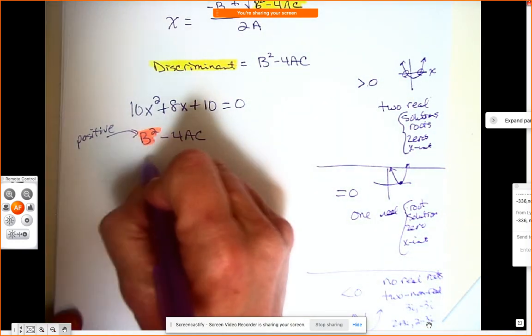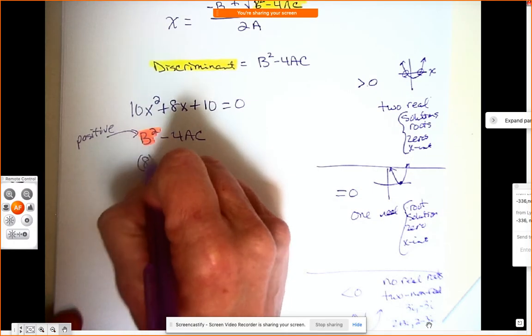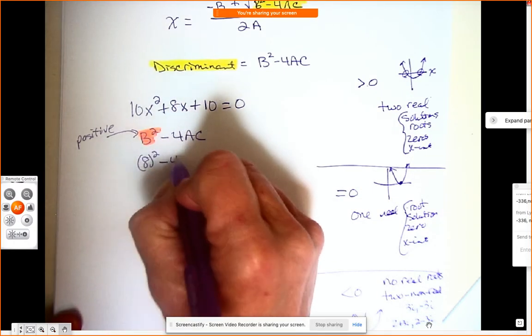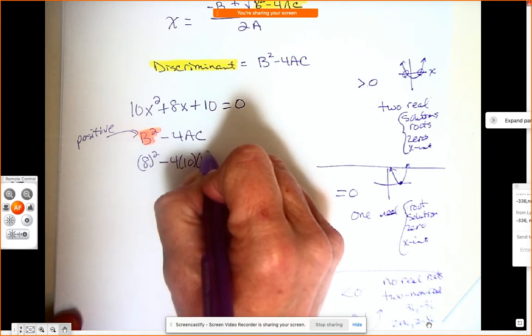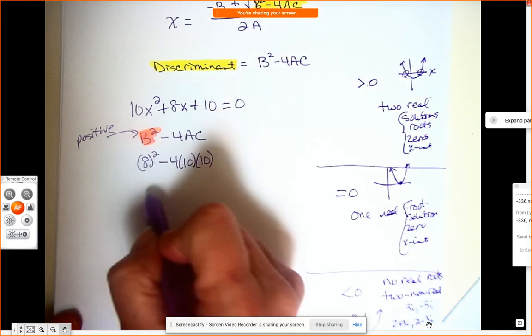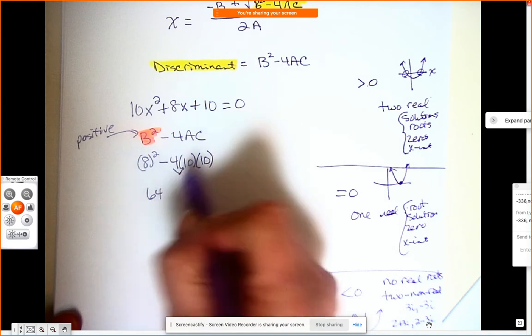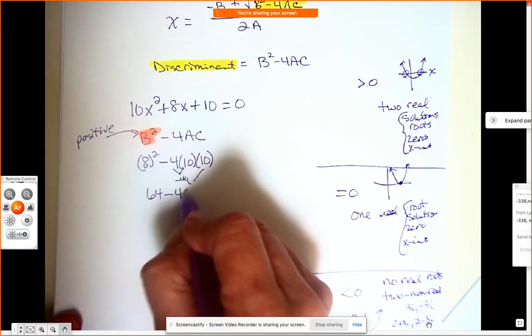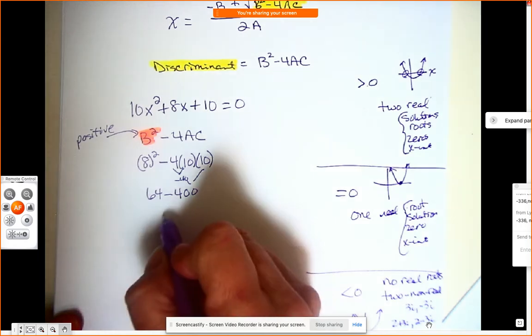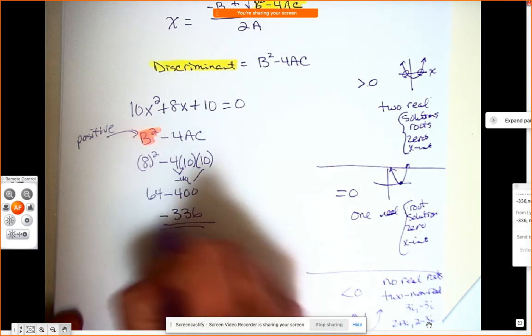So if you're substituting in, you would put 8 squared minus 4 times a times c. 8 squared is 64. Negative 4 times 10 is negative 40, then times another 10 I get negative 400. Different signs subtract, so we get negative 336. Okay, so that's the discriminant.